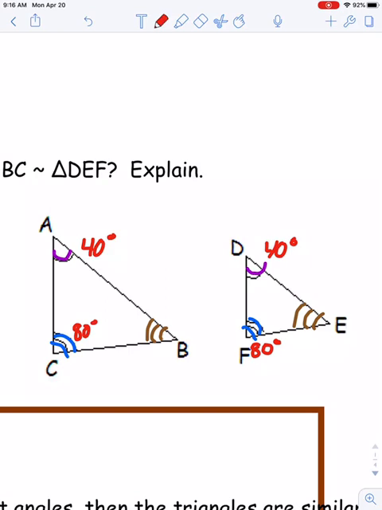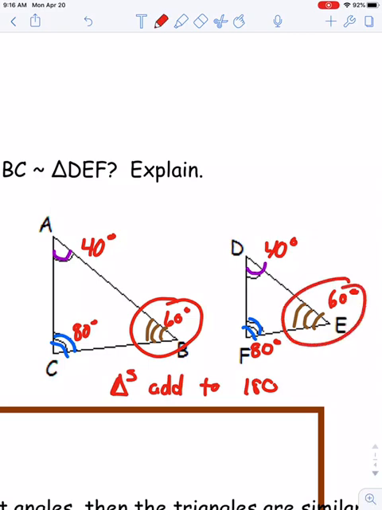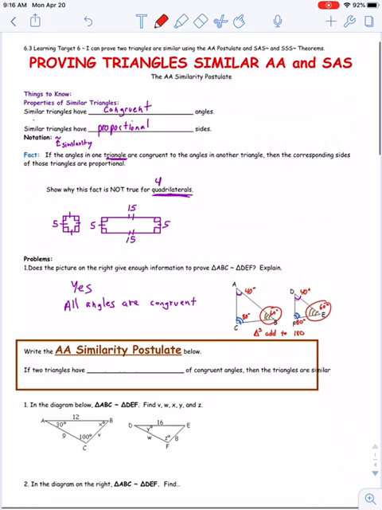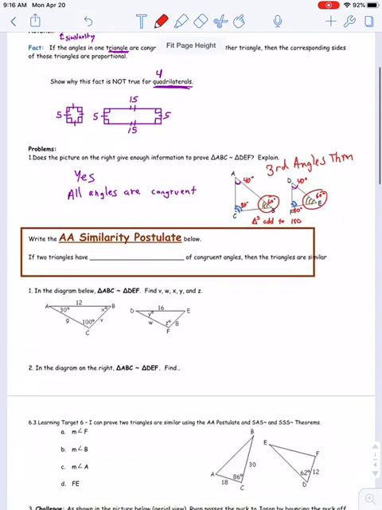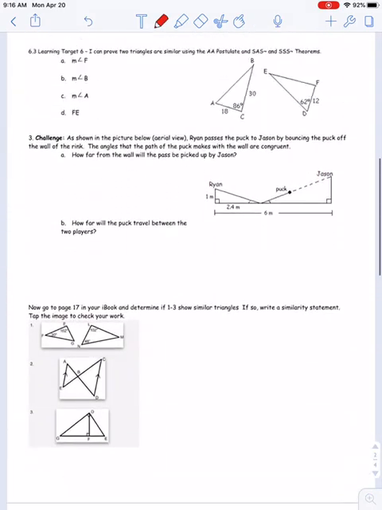Well, notice that since triangles add up to 180 degrees, B and E would both have to be 60 degrees. And this is actually the third angles theorem. I don't know if we're going to talk about this later. Maybe we will, maybe we won't. But if you know two angles are the same, the third angles have to be congruent.